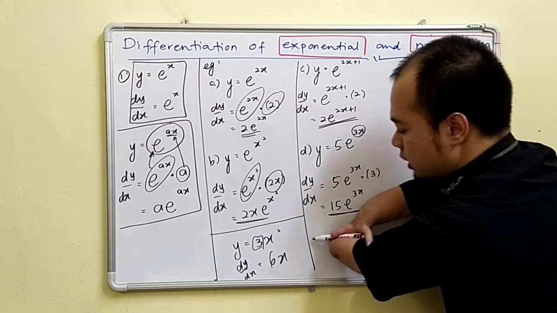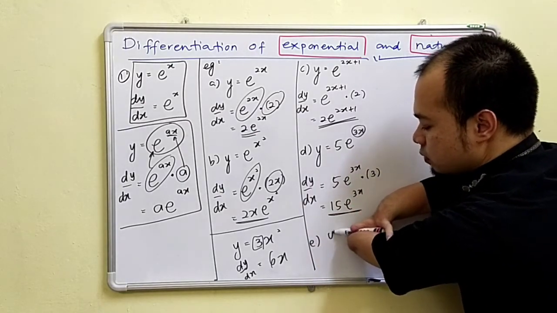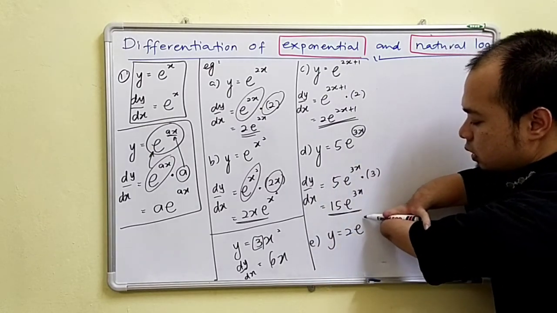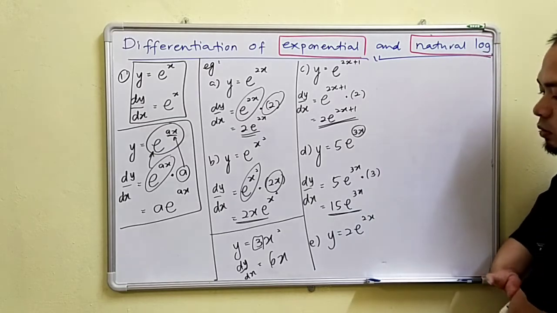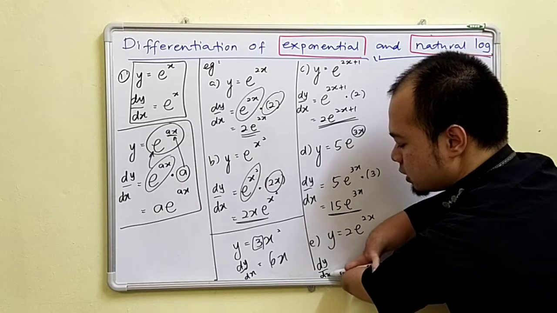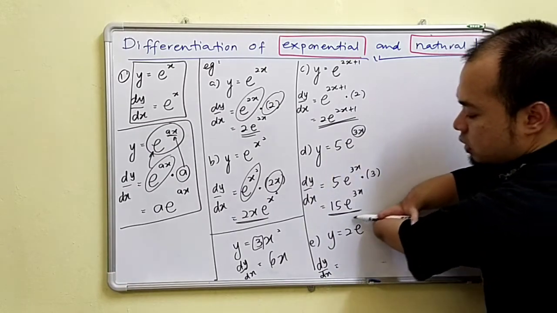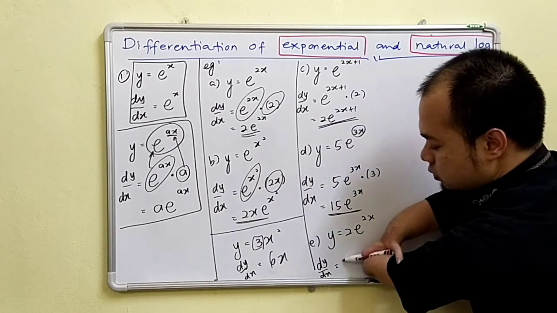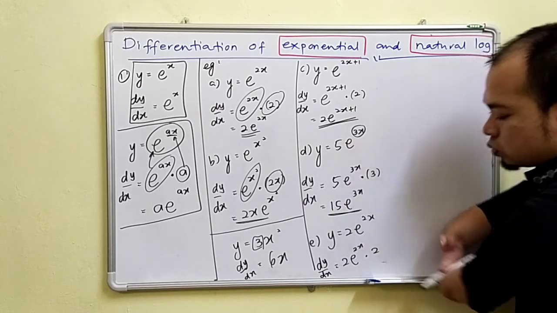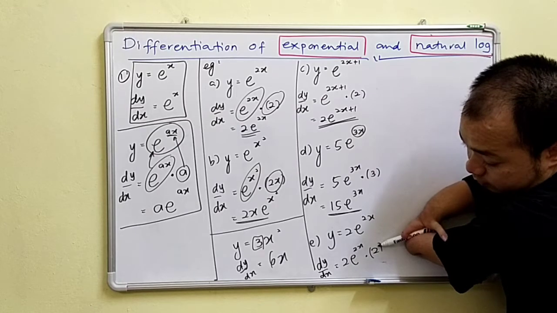Another example, if we have y is equal to 2e to the 2x. How to find dy dx for this one? Differentiating, we get 2e to the 2x first, multiplied by 2. Where do I get this 2 from?